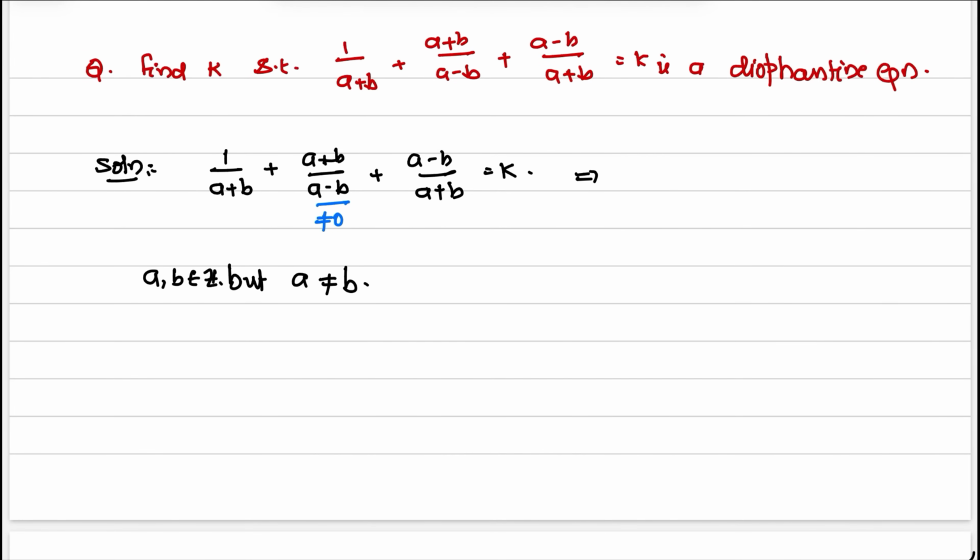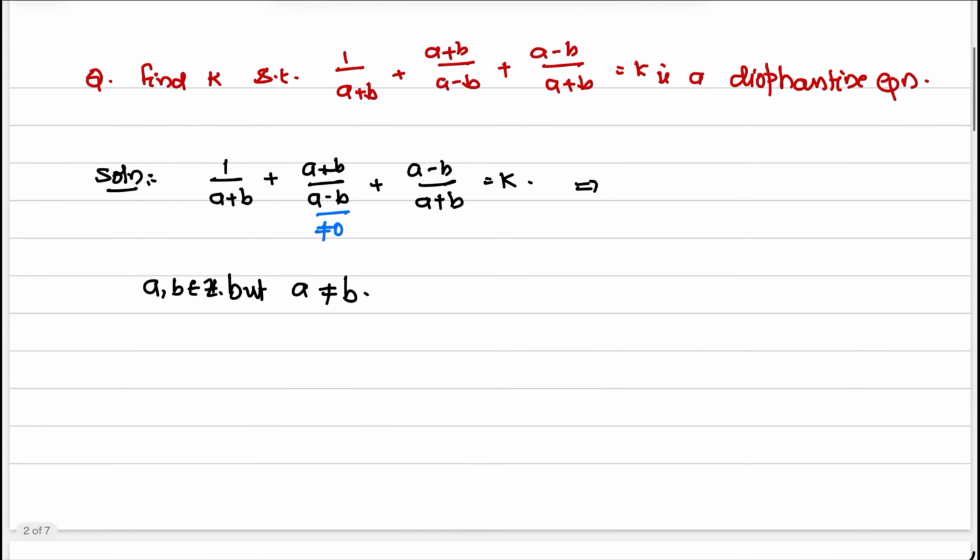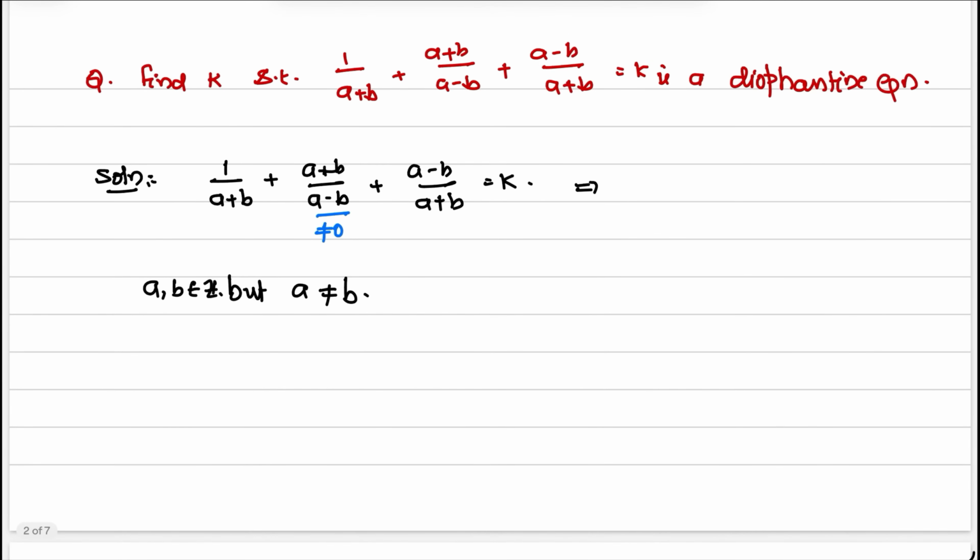Now, in the given equation, let us simplify and write 1 by a plus b plus a plus b by a minus b plus a minus b by a plus b is equal to k.